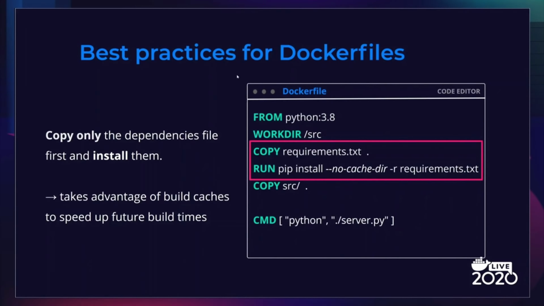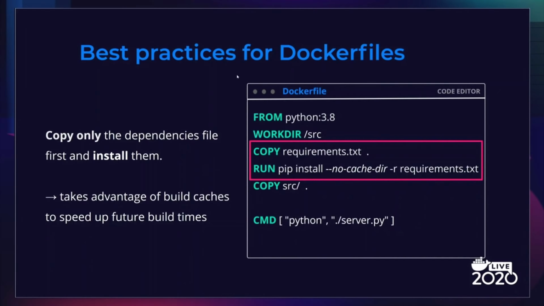For this particular case, we can see that we copy the dependencies files and then the source code. This is because the application dependencies do not change that frequently during development time, so we choose to install them before copying the source files that usually change frequently.